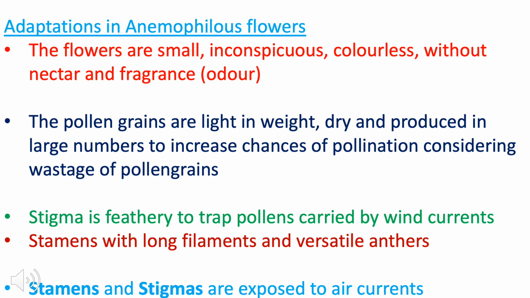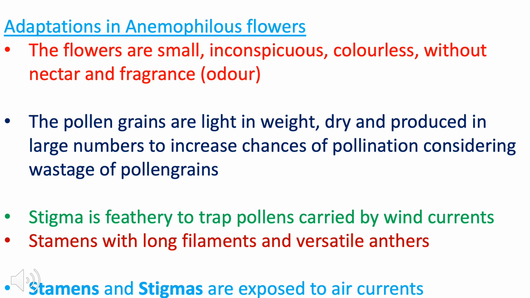So here the flowers are small. Generally we see small flowers around us, as you must have noticed. They are inconspicuous. Now what is the meaning of inconspicuous? It means not easily noticed. We don't easily notice the anemophilous flower. Generally we just neglect them, obviously because they are colorless.